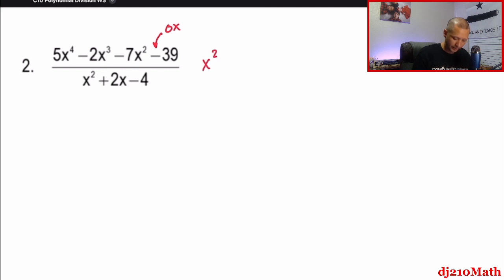Outside, we have x squared plus 2x minus 4. Inside, we're going to get 5x^4 minus 2x cubed minus 7x squared plus 0x minus 39.